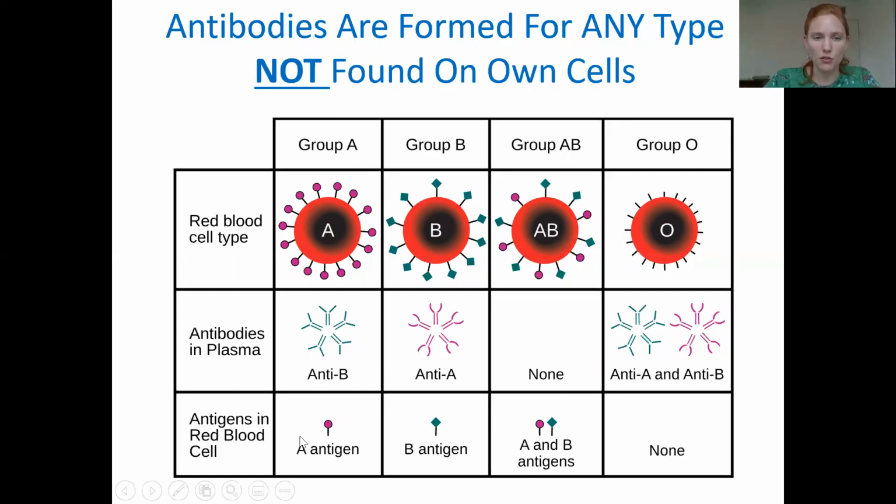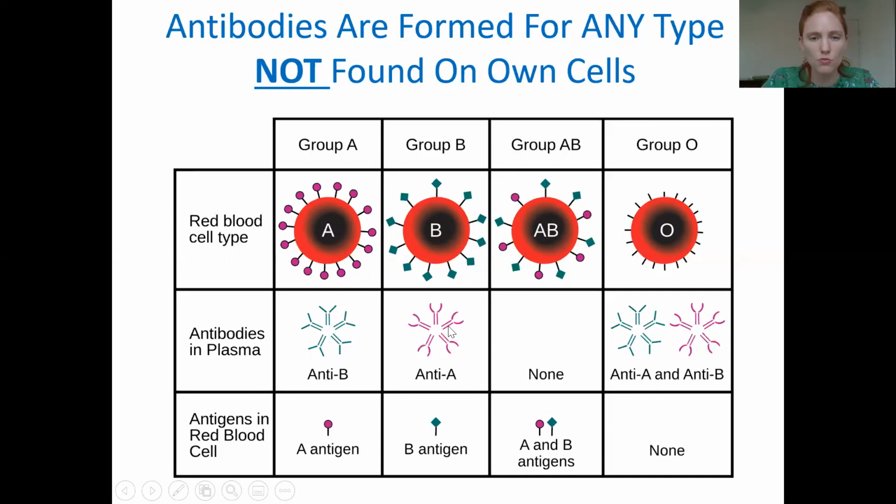So if you're type A, you have A antigens, and you make antibodies that bind and destroy type B antigens. If you're type B, you have B antigens, and you create antibodies that bind and destroy A. Anti just means antibodies that bind to A antigens.